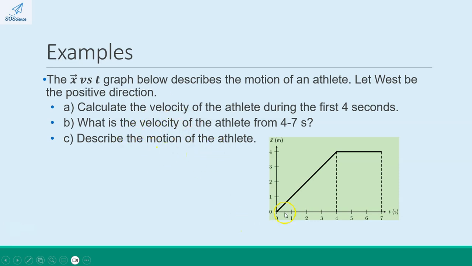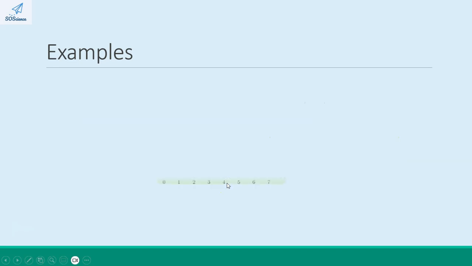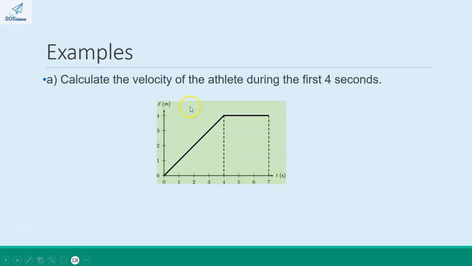Now we already understand that by working out the gradient of an x versus t graph, we can work out the velocity. And remember that when there is no gradient, the velocity will naturally be 0. We don't need to prove it by calculation. So let's calculate the velocity of the athlete during the first 4 seconds based on the gradient of the xt graph.